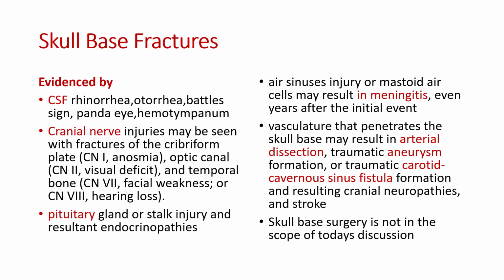That is CSF otorrhea. We can see CSF rhinorrhea. We can see Battle's sign, which is the bruise just behind the ear. We can see panda eyes, which is periorbital darkening, and we can see hemotympanum if we examine the tympanic membrane.